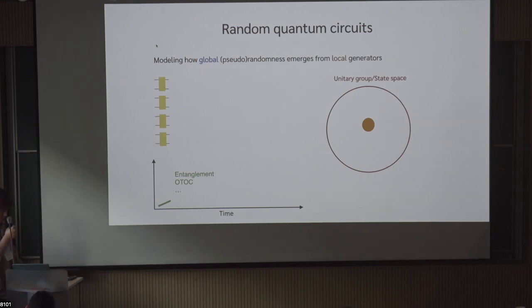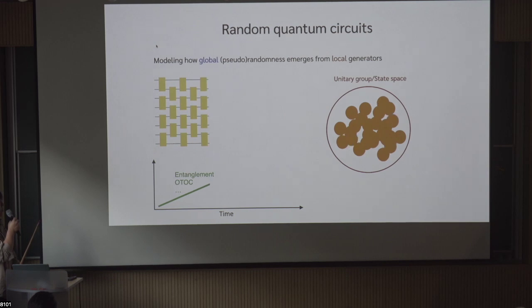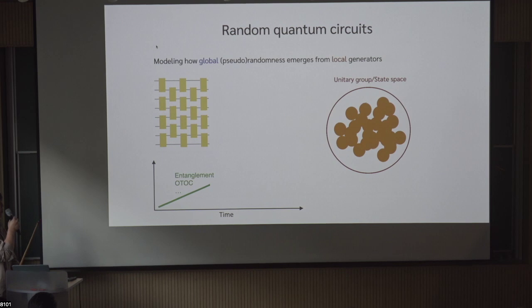Okay, so let's look a little bit into the basic phenomenon of how global randomness emerges from local random circuits. This is one layer, and as we go deeper and deeper with random circuits, some properties like entanglement and OTOC, or some reverse version of OTOC, will grow.